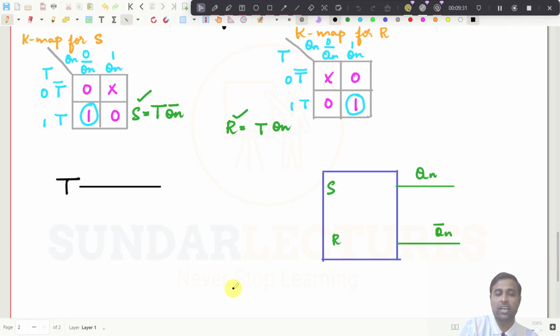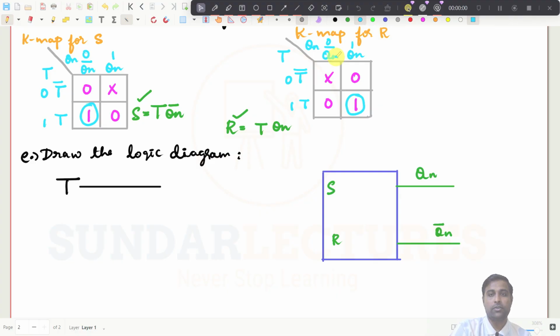So this T now has to be given to S and R through these equations. So how can you draw the logic diagram? Maybe I missed out the heading here. So it is E, draw the logic diagram. Go step by step so that it will be easy to remember.